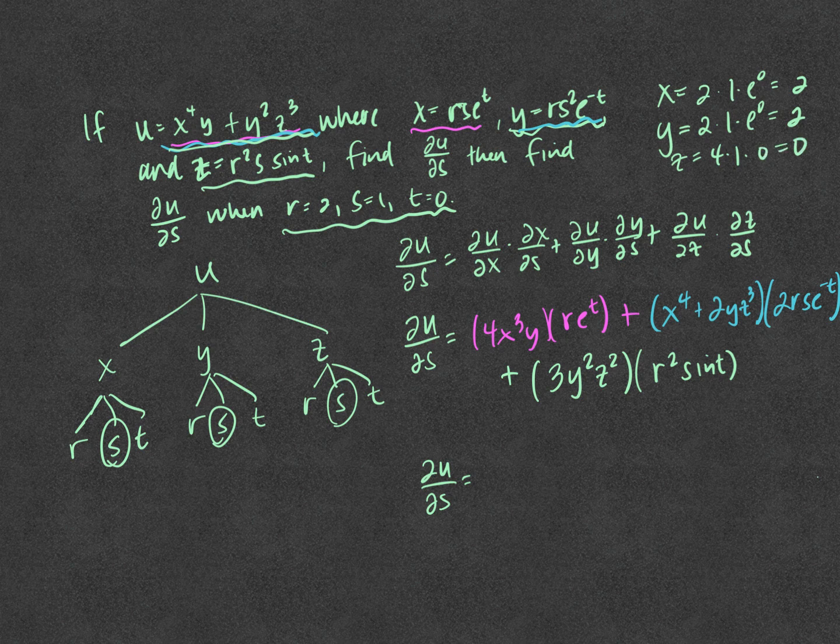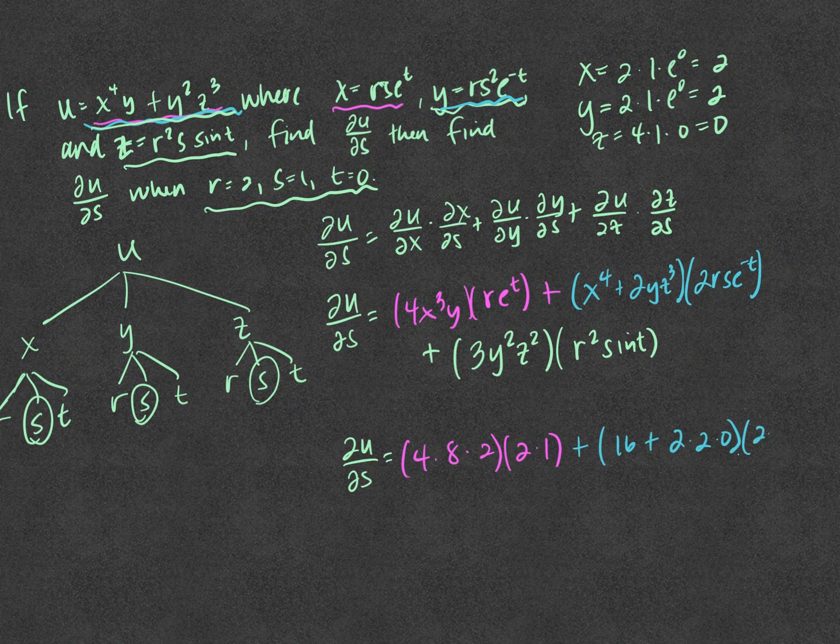So now we can plug these values in. I'm going to color code them and match what we did above. So we're going to say 4 times x to the third is 8, times y, which is 2. And then we have r, which is 2, times e to the t, which is 1, plus x to the fourth is 16, plus 2 times y, which is 2, times z to the third, which is 0.